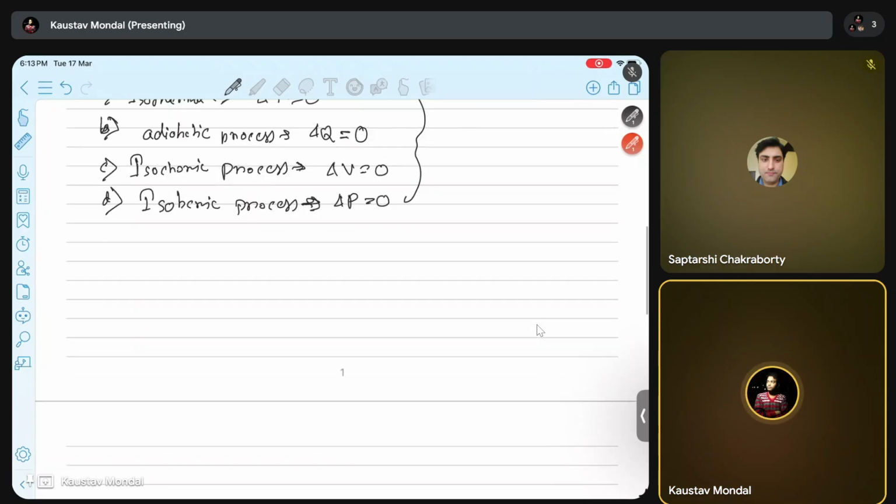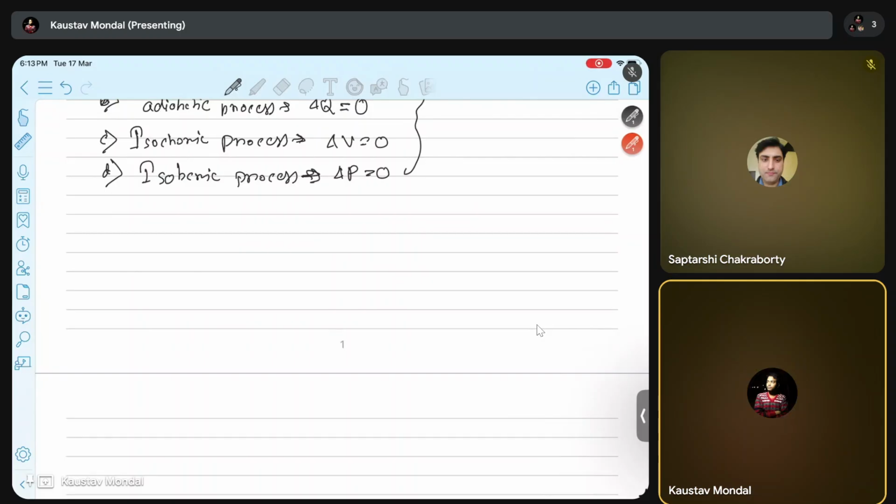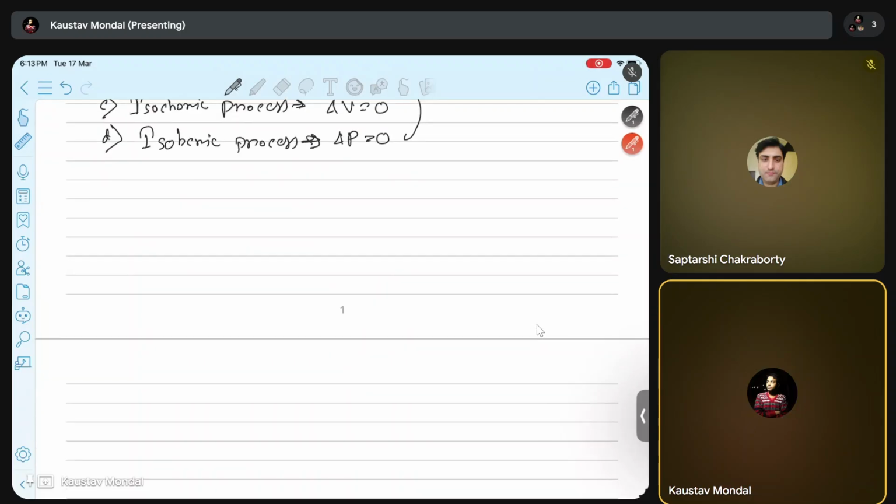Next, we have discussed the first law of thermodynamics. From the zeroth law of thermodynamics, you already get the concept of temperature, that we discussed in the last class.